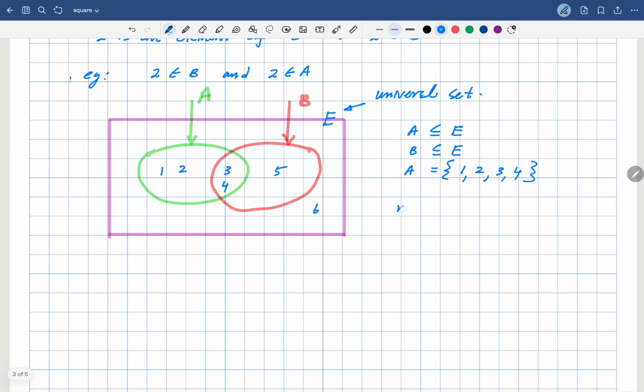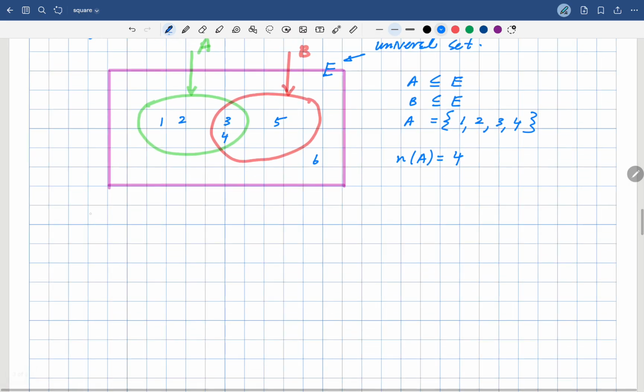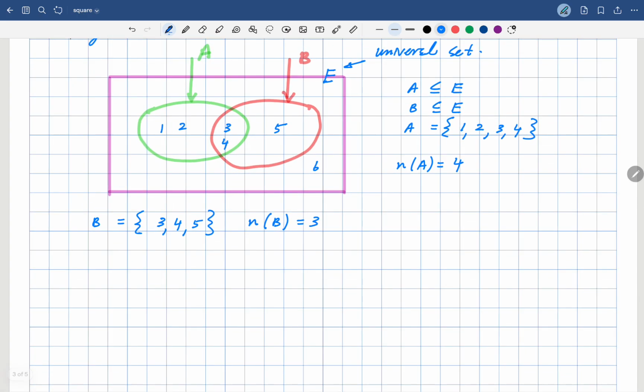And n of A is going to be 4. You can see 4 elements inside. And then B is going to be 3, 4, and 5. And n of B is going to be 3. So those are the things we can find here.